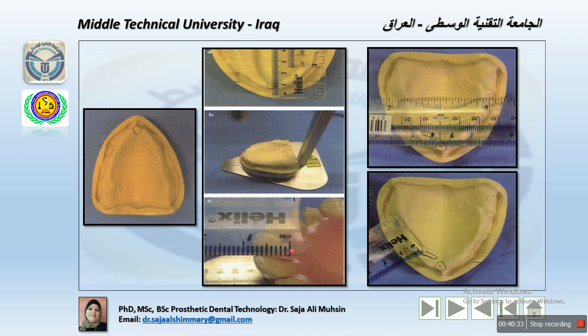The position of the maxillary anterior teeth is approximately 8 millimeters anterior to the center of the incisal papilla. So when we delineate the center of the incisal papilla, we can just measure 8 millimeters anterior to it. This will be the location of the two central incisors.